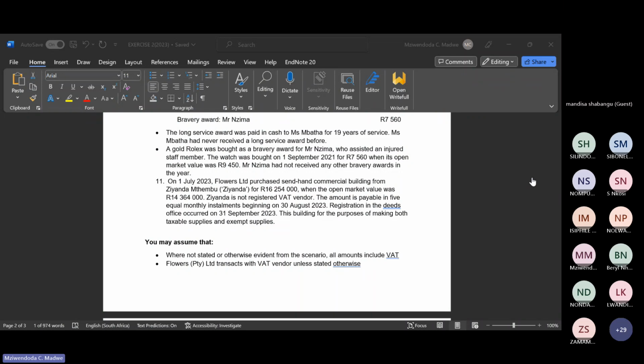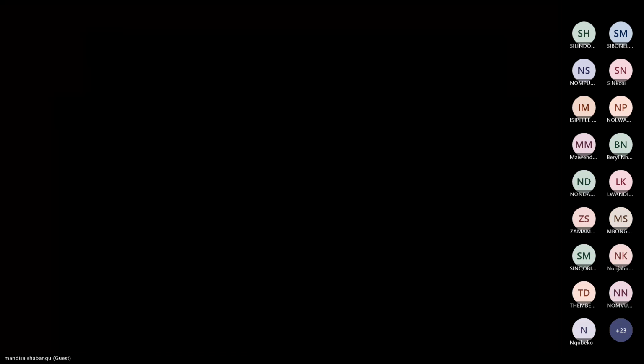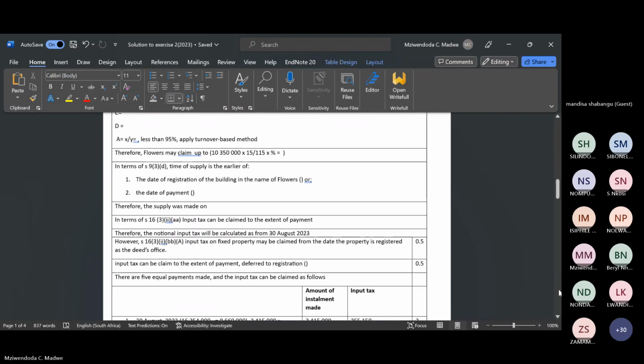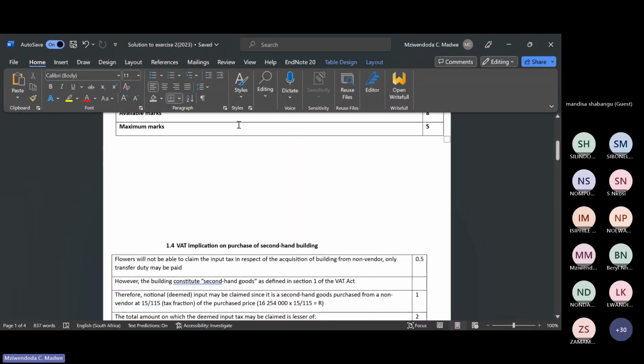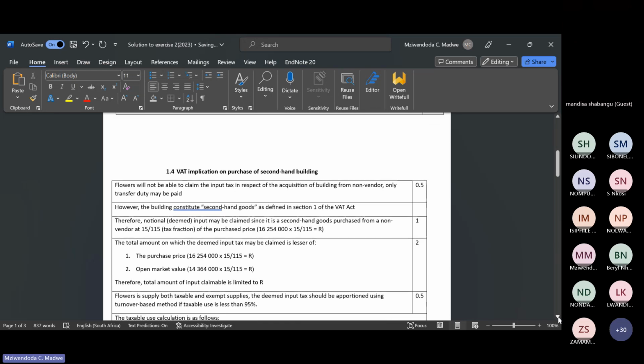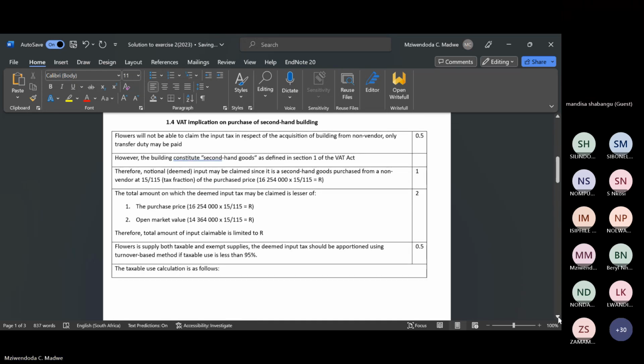Then, let me just quickly share a solution here. Can you see the solution on your side, 1.4? Okay, thank you.